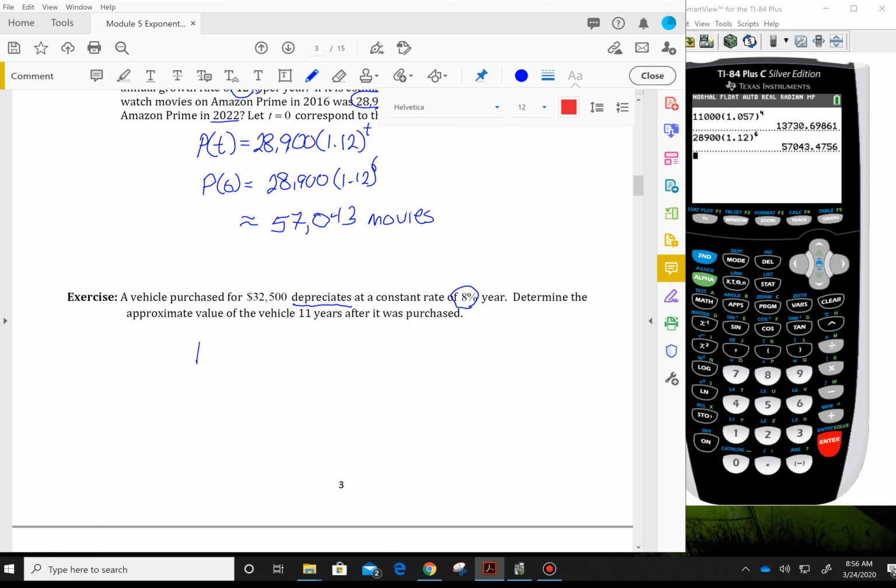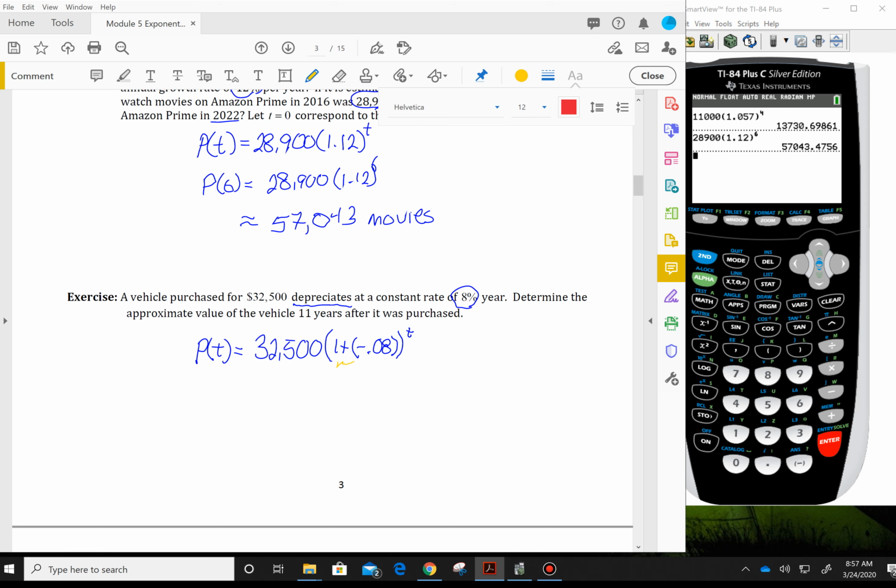Here, our exponential growth curve is going to look like P of t, your starting amount, the 32,500, times 1 plus your growth rate, which actually is a depreciation, so I'm going to write it as negative 0.08 raised to the t.